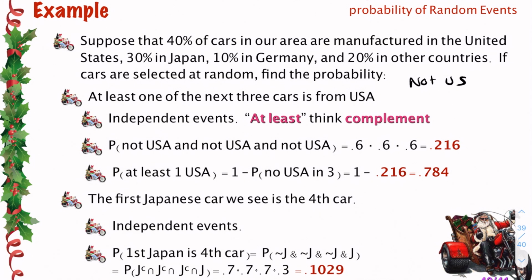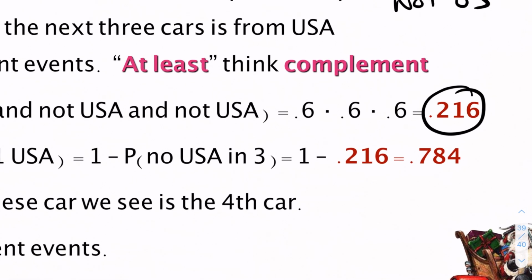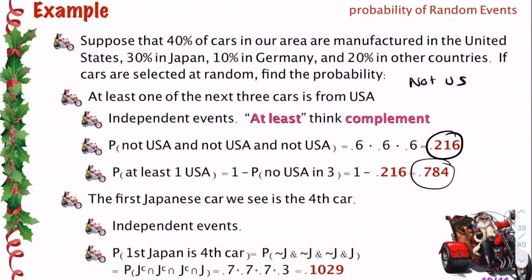If it's not US and not US and not US, I get a probability of 0.216. Well, at least one US car would be 1 minus the probability that we just found. So the probability of getting at least one US car in three cars driving down the street in Dearborn would be 0.784, a 78.4% chance.